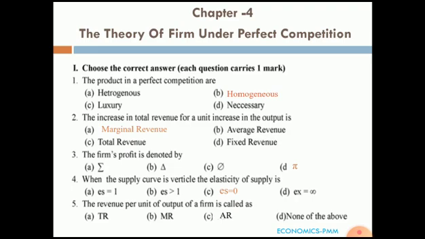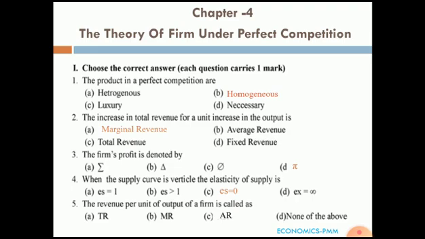Fourth one, when the supply curve is vertical, the elasticity of supply is. When the supply curve is vertical straight line, the elasticity of supply is denoted by ES is equal to 0. It means it is a perfectly inelastic supply. Whatever may be the change in the price, the supply will remain same.